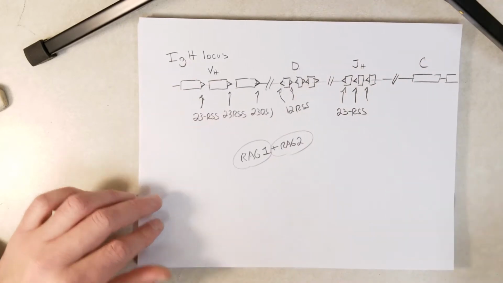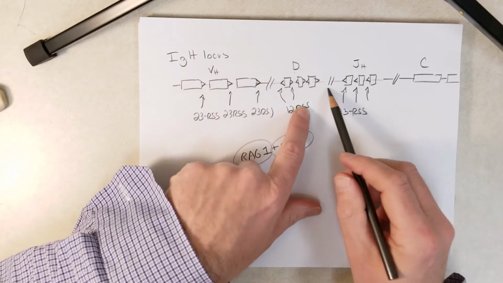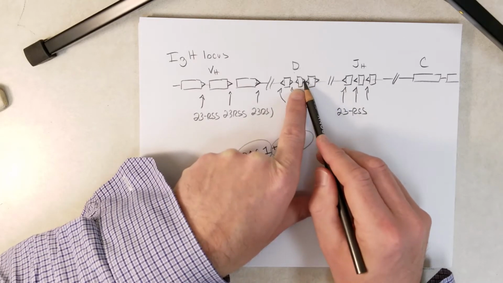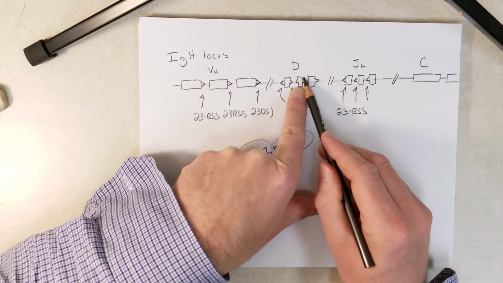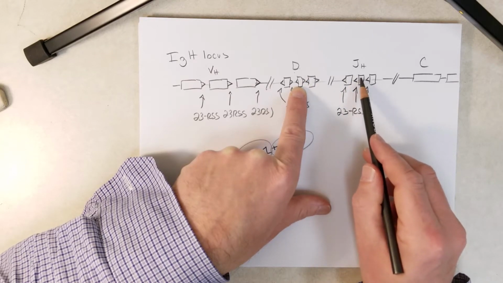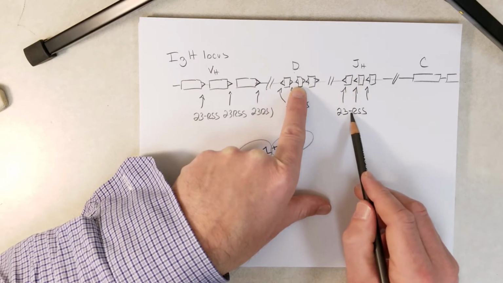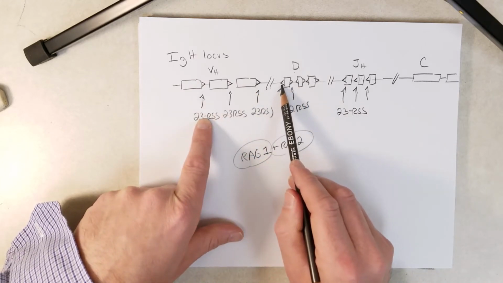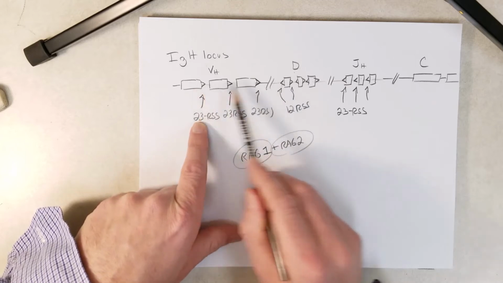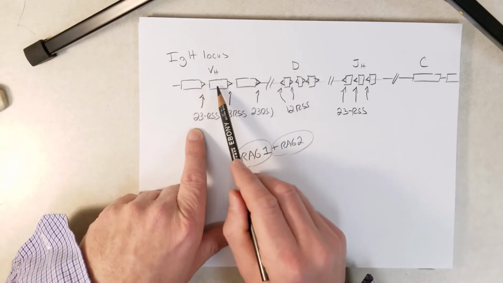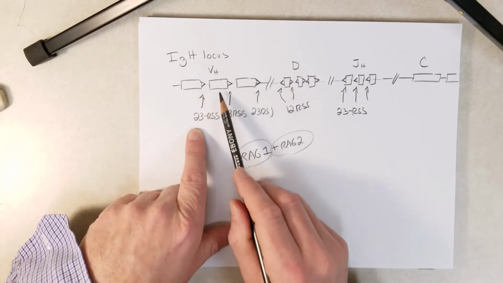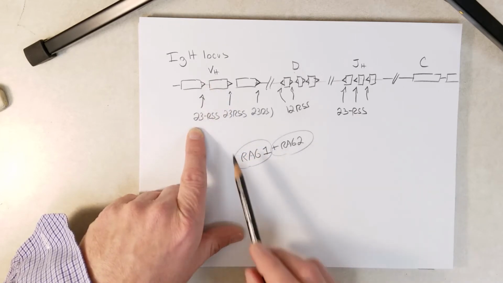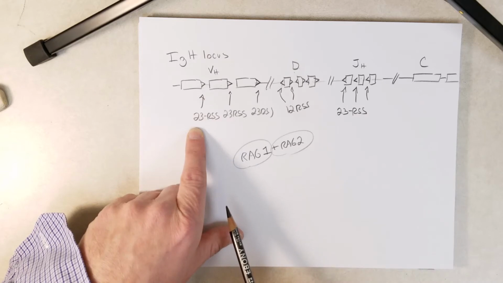Now, when it comes to the IGH locus, what happens is the RAG1, RAG2 recombinases use the 12 RSS from one of the D segments to fuse D to one of the J segments with a 23 RSS. Then after that's done, it can use the other 12 RSS on the D segment to fuse that D segment to one of the VH gene segments that's followed by a 23 RSS.